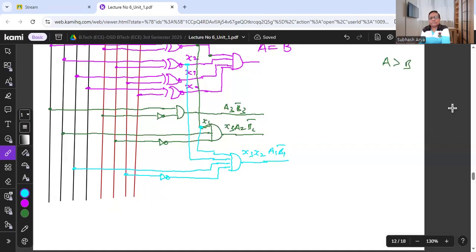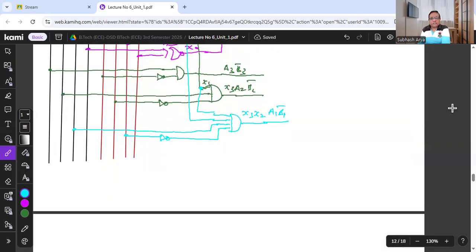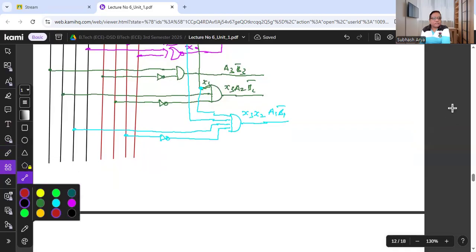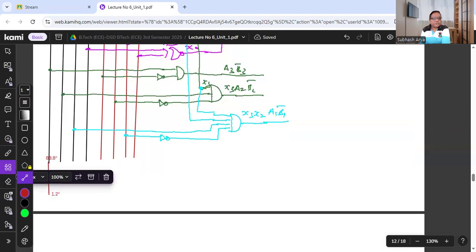This is the case. Now for the last one, let me extend this line because this line is becoming shorter.